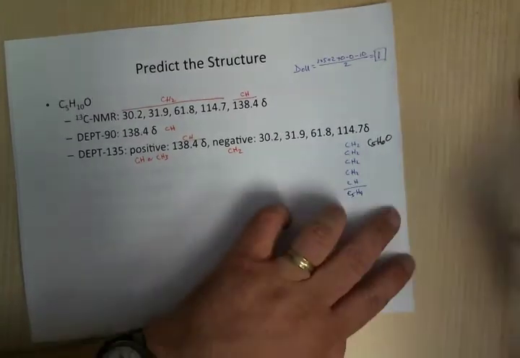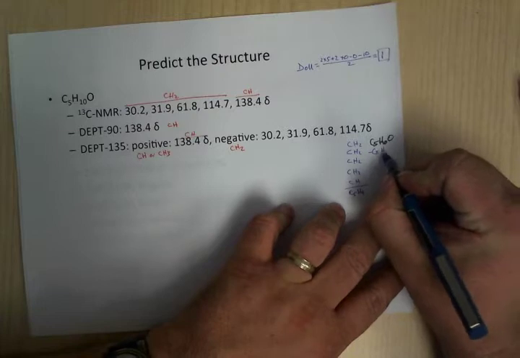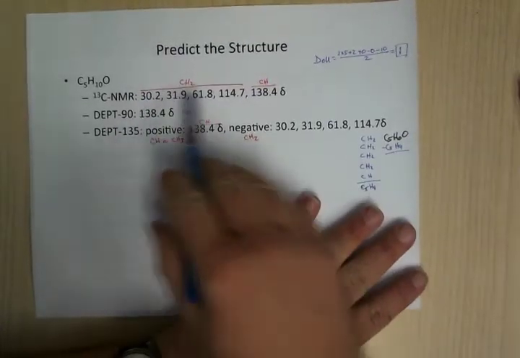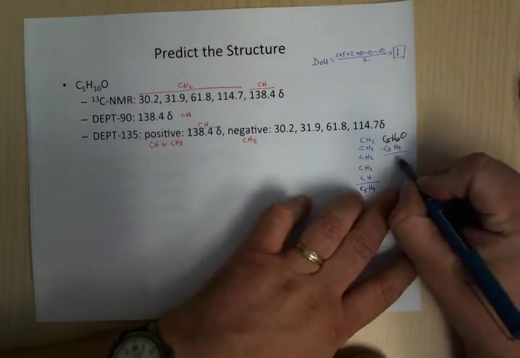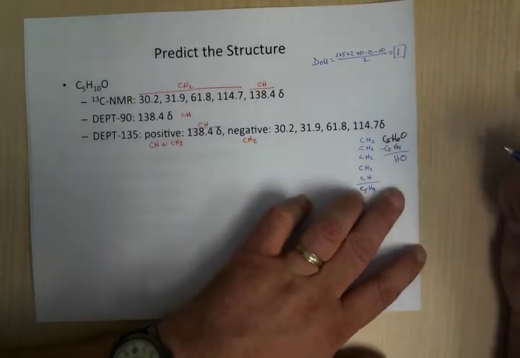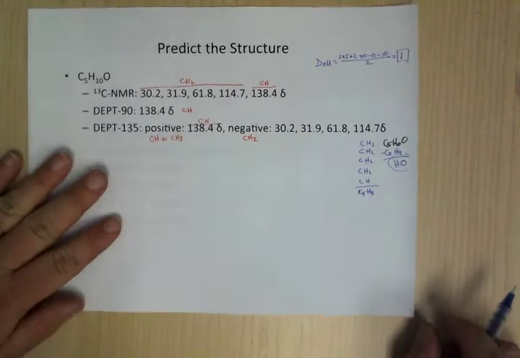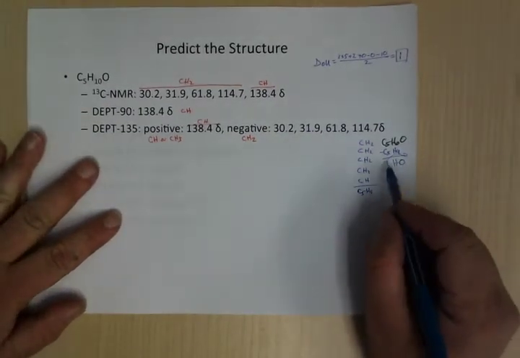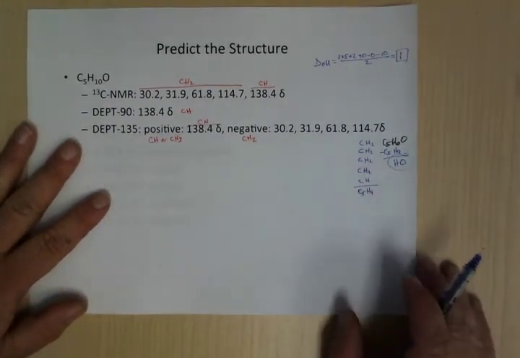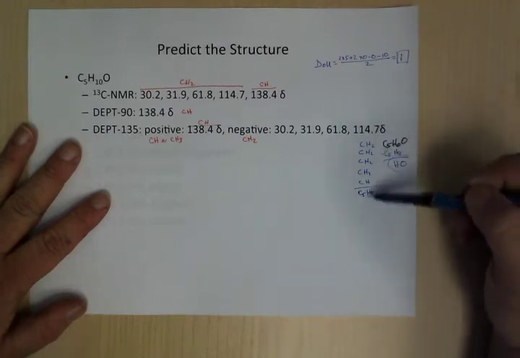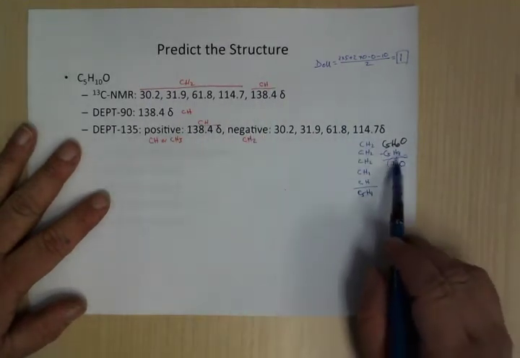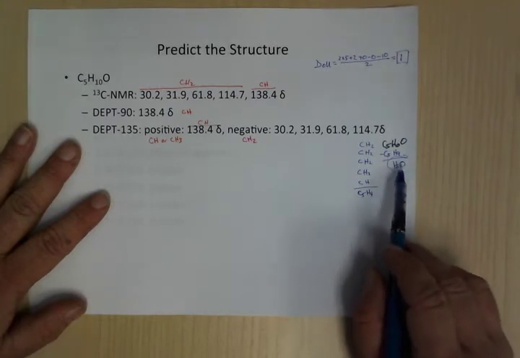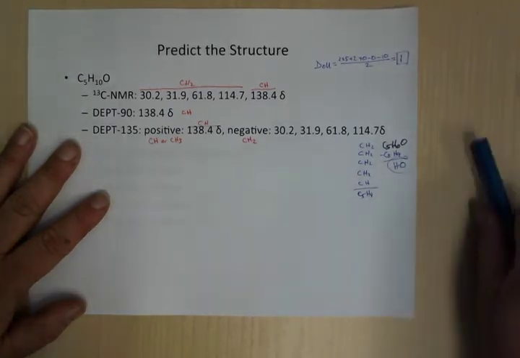So if we subtract out the C5H9 that we know about from the DEPTs, what are we left with? No more carbons, but we have an H and an O. That's looking good, because that might mean we have an OH that we haven't accounted for yet. You can always figure out what you've accounted for, and what we haven't so far is the OH. So that's probably an OH group that we need to worry about.